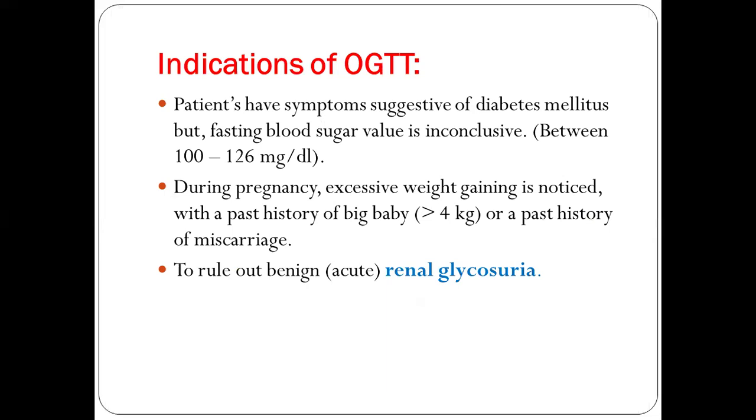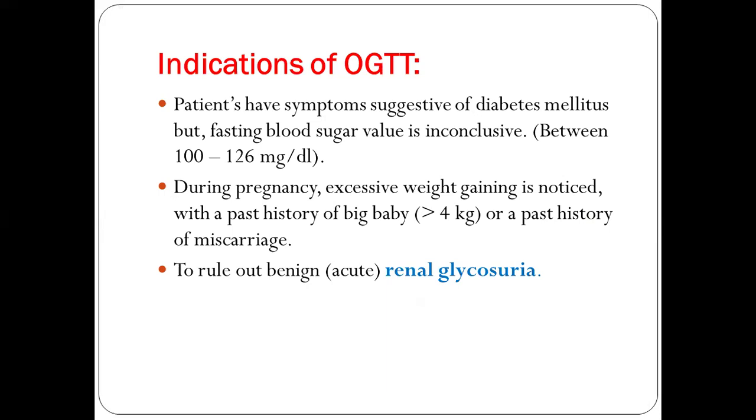Here, if we talk about the indications: those patients who have symptoms that suggest diabetes mellitus, but not confirmed, only suggestive of diabetes. So what happened? Fasting blood sugar value is inconclusive.